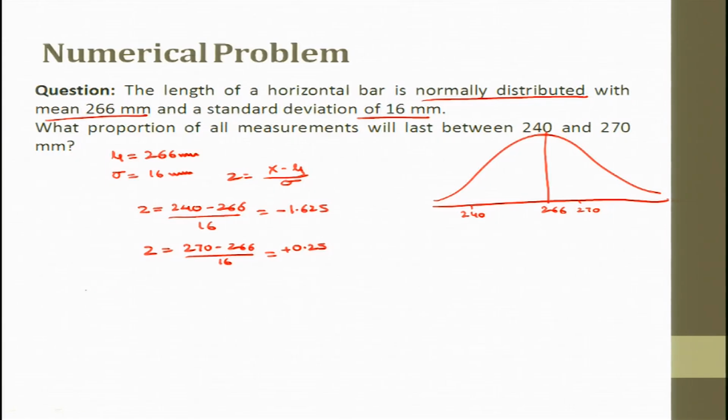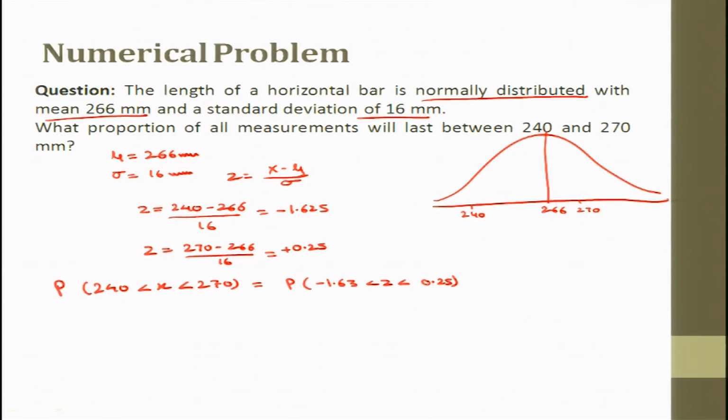So, I need the probability for 240 less than x less than 270, which is equal to probability for the value of the normal deviate from minus 1.6. I have only about up to 2 places of decimal, so I will round it off to 1.63 less than z less than 0.25. Okay.